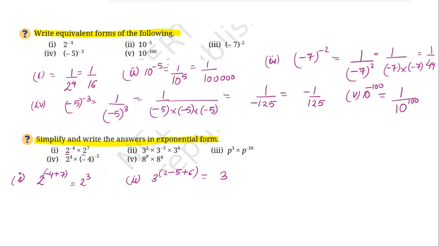So 2 minus 5 is -3 and -3 plus 6 is 3. So 3 raised to the power of 3. For the third part, P then 3 minus 10, the powers are added, plus -10 is always equal to -10. So P raised to the power of -7. 3 minus 10 is -7.